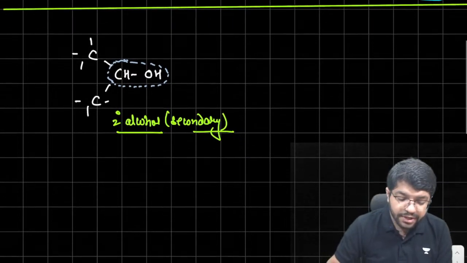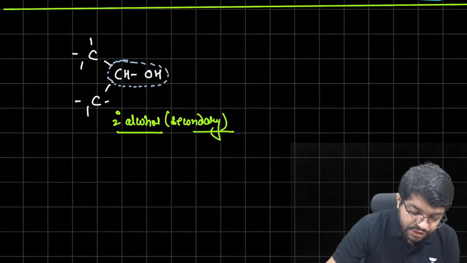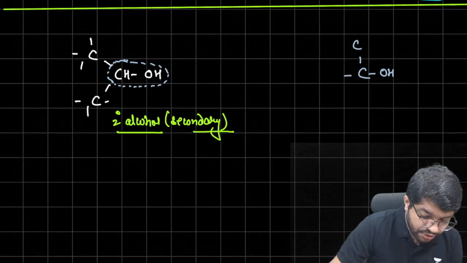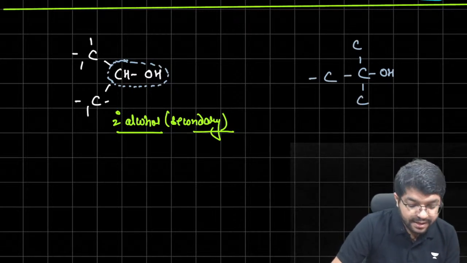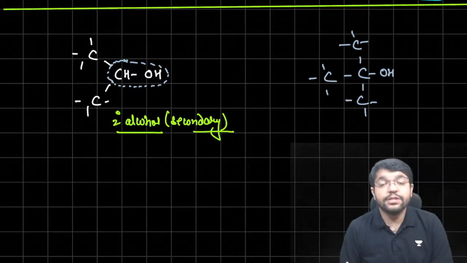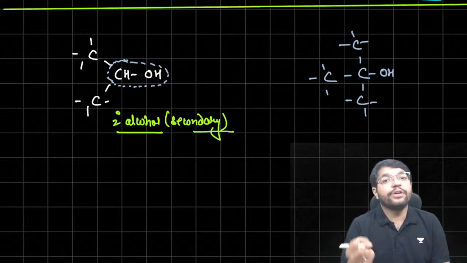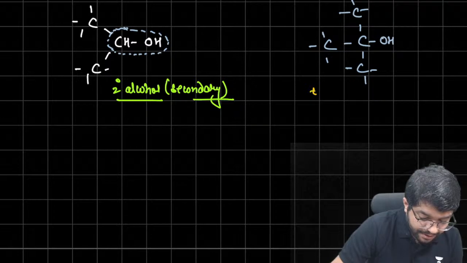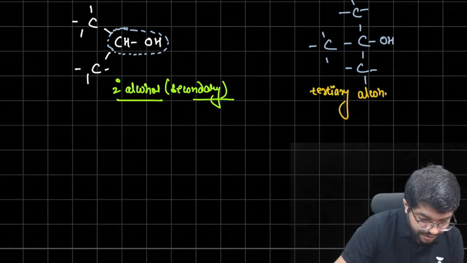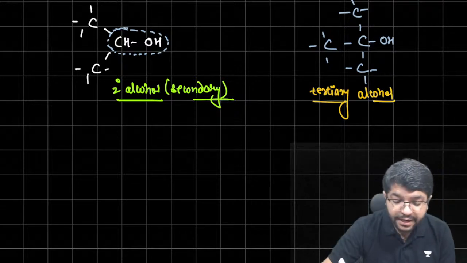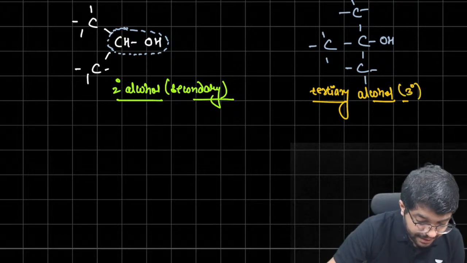And last but not least, the carbon to which I am attached is directly attached to three carbons, and therefore this is called a tertiary alcohol, which is 3 degree.